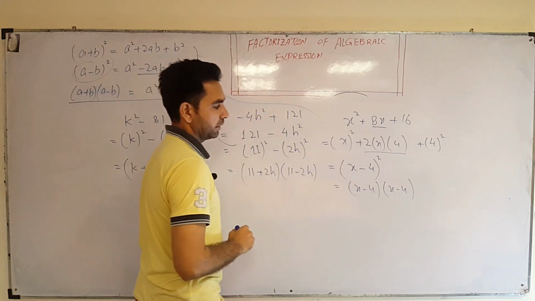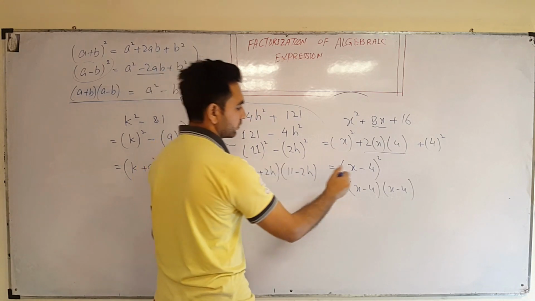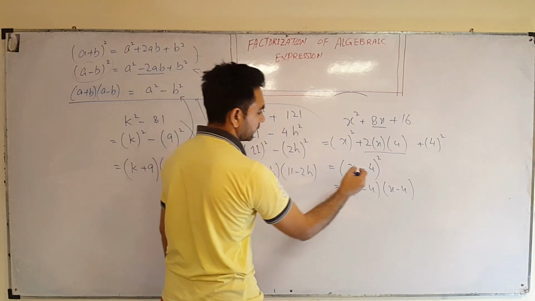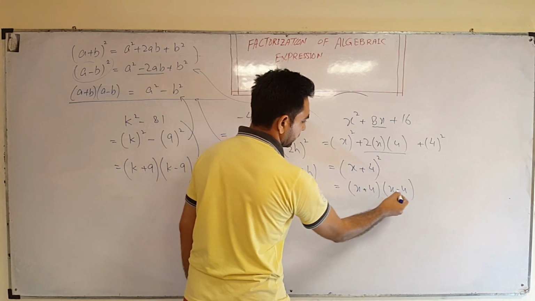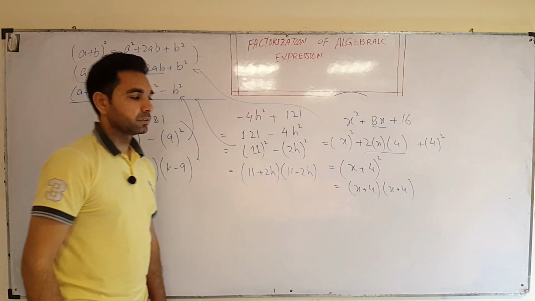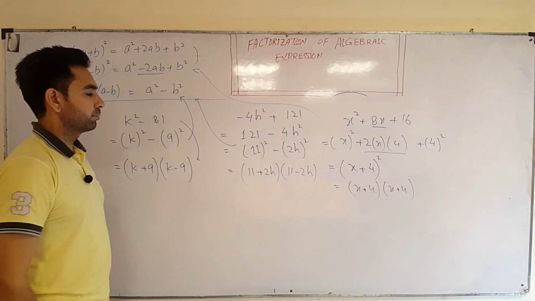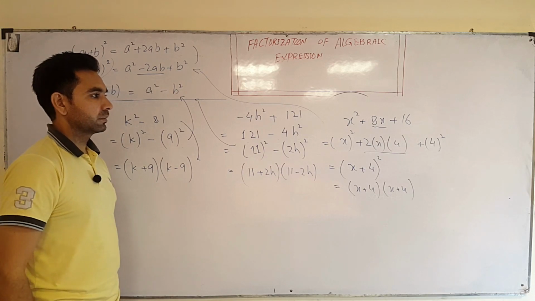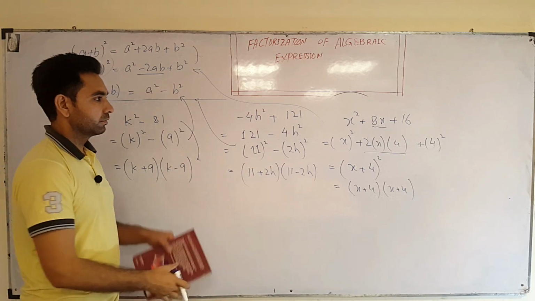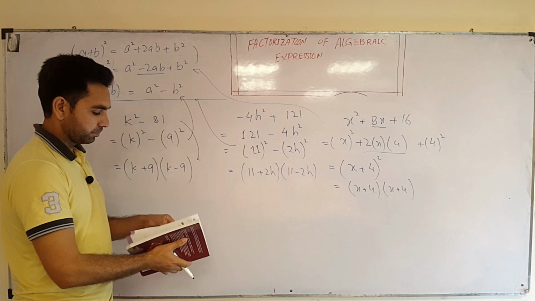And then there will be a plus here, and according to the rules of that identity, there will be a plus everywhere. So if you are given such types of problems, you can factorize them using these identities.